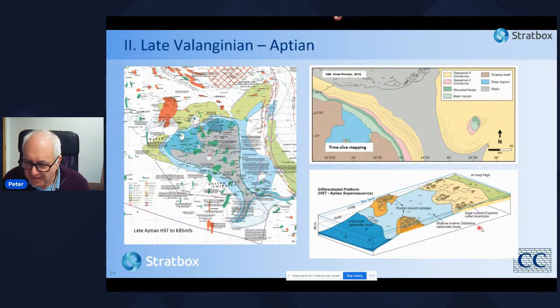The inner shallow water facies association consists of algal and rudist patch reefs and shoals reworked from these patch reefs.